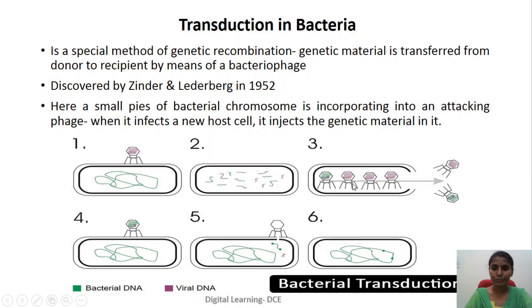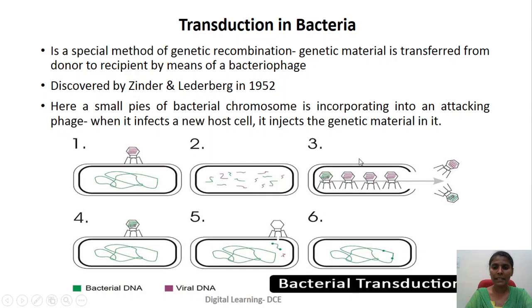At the time of the synthesis of new daughter phage, a segment of bacterial DNA enters into this bacteriophage along with a bit of viral DNA. This phage is known as the temperate phage.